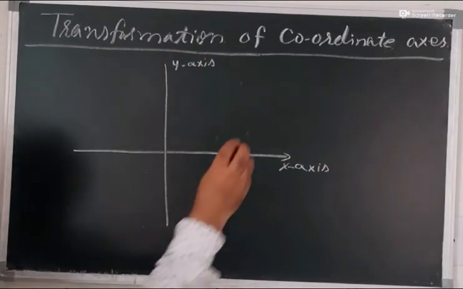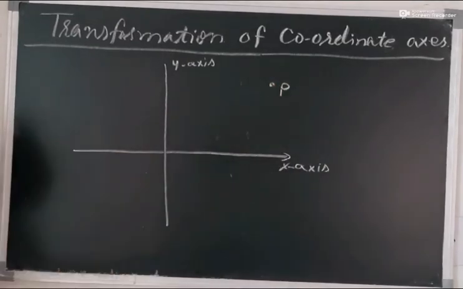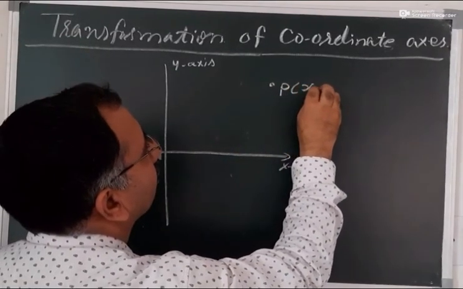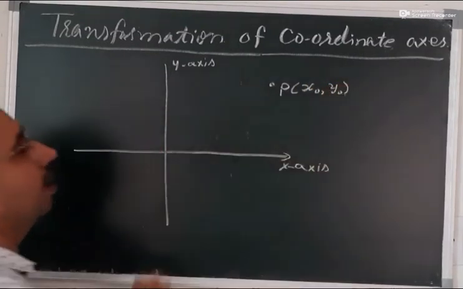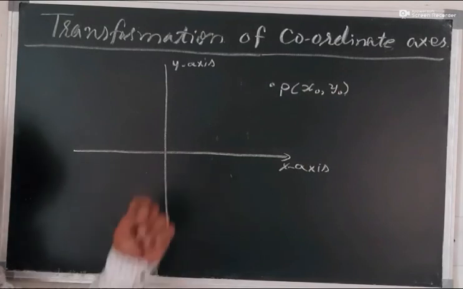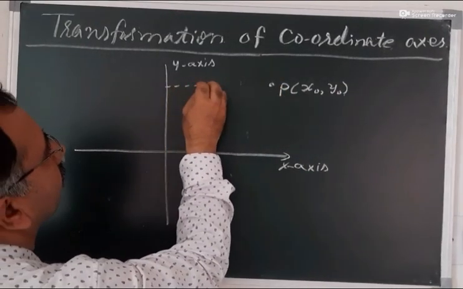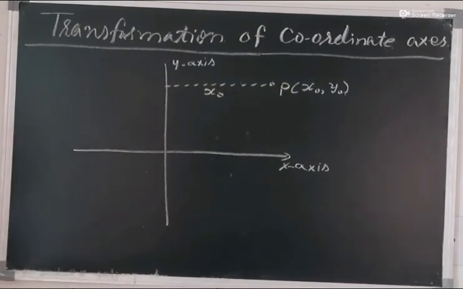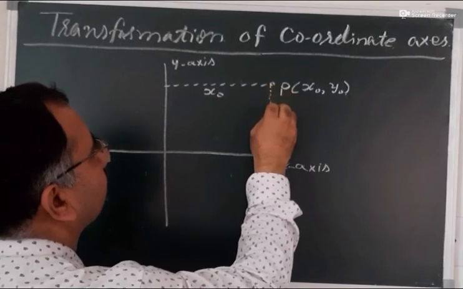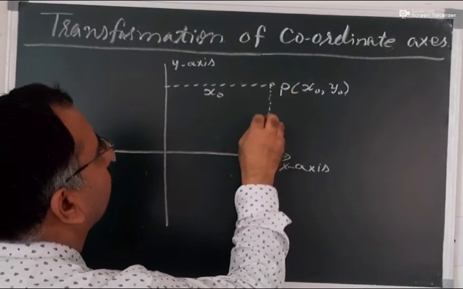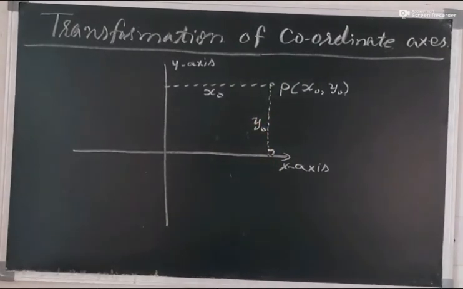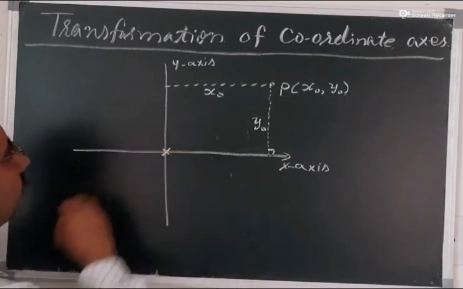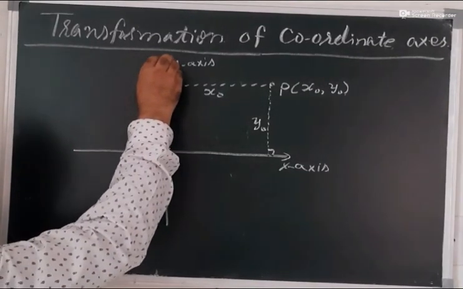Any point P in this plane is designated by a pair (x0, y0), where x0 is the perpendicular distance of point P from the y-axis, and y0 is the perpendicular distance of P from the x-axis. In this way we have coordinates of the point P, and the point where these two axes meet is called origin.